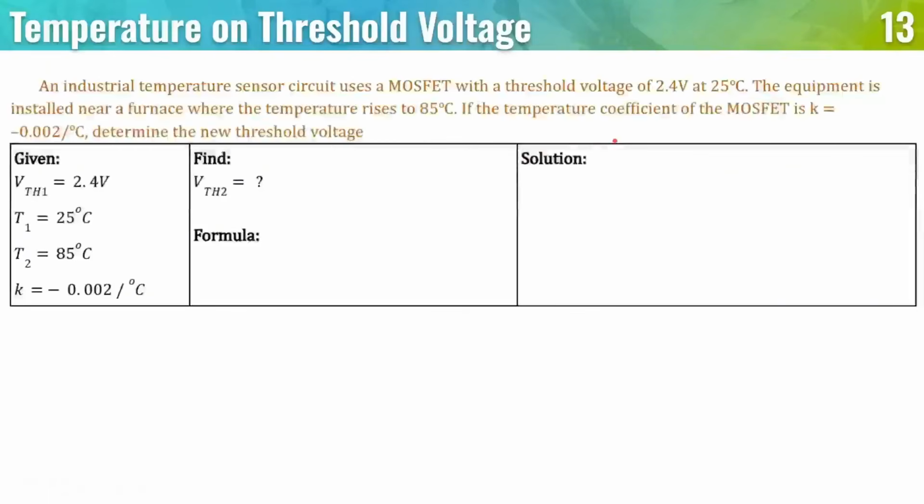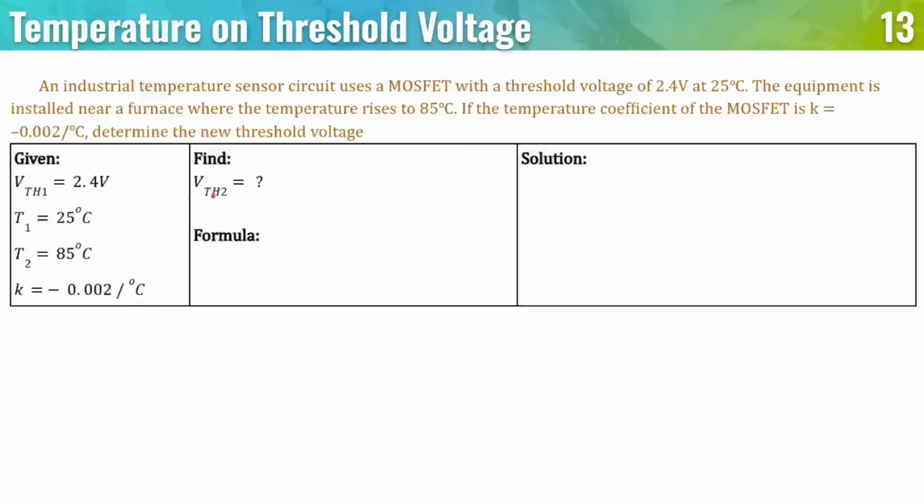So here are our given. The threshold voltage is 2.4 volts at 25 degrees Celsius, and then the temperature rises to 85 degrees Celsius. So there is a change here of 60 degrees Celsius, and then this is our coefficient.